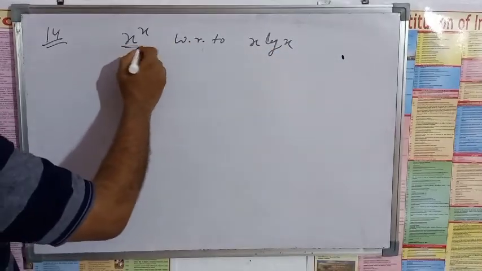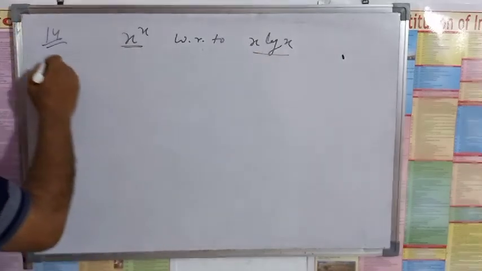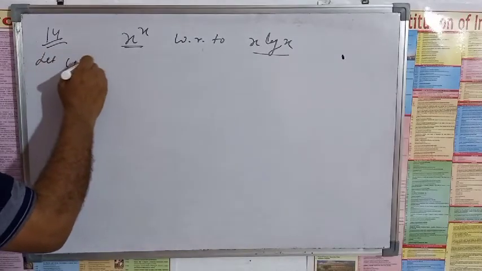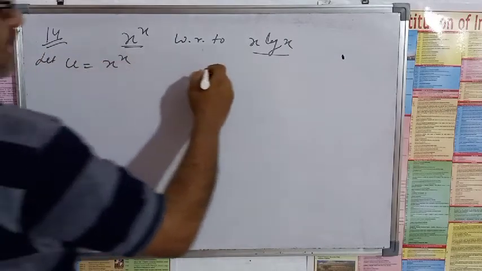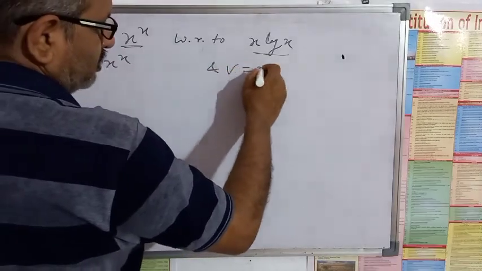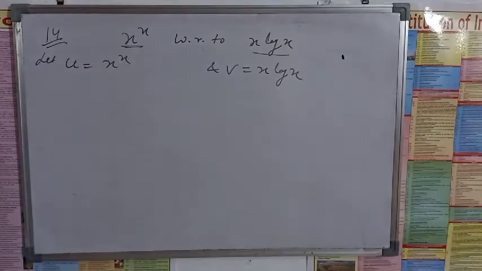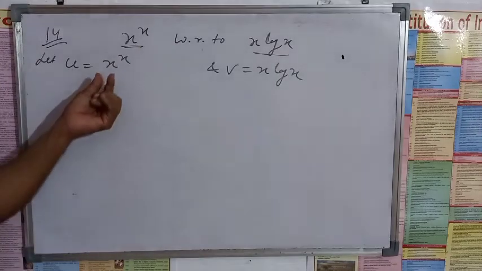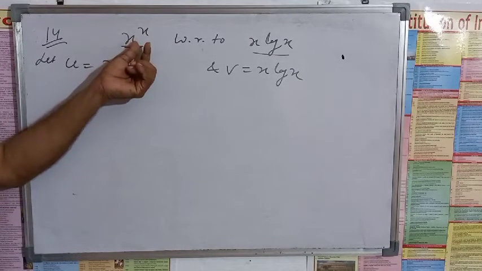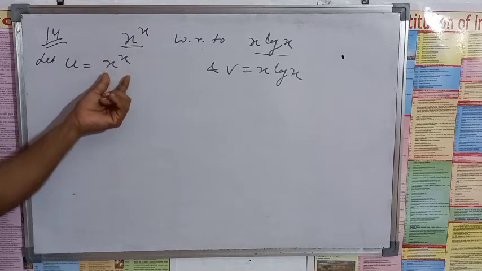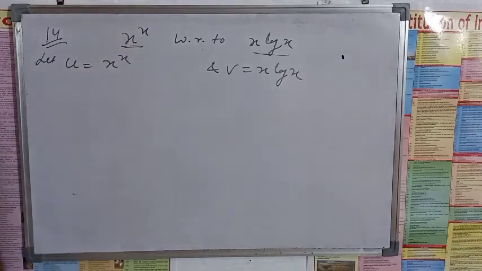Suppose this function is u, this one is v. Let u be equal to x to the power x and v be equal to x log x. I have told you how we can find the derivative of x to the power x.